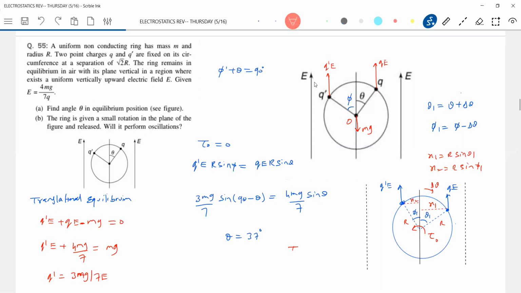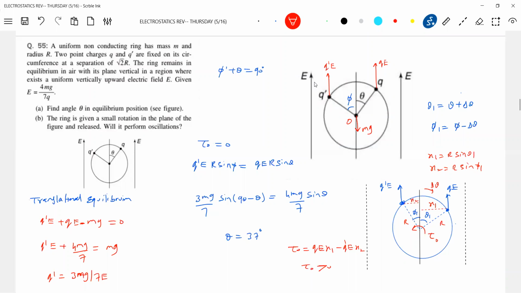So the restoring torque will be QE x1 minus Q dash E x2, which will be greater than 0. So therefore, definitely it will oscillate. Will it perform oscillation? The answer is yes. If you want, you can find out the time period of oscillations also. About O, it will execute SHM.